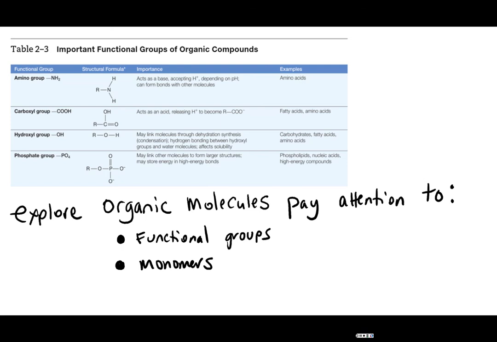As we look at our organic molecules, we do want to pay attention to those functional groups as well as the monomer. What is the building block for each one of those? So just some things to make sure you're paying attention to as you look ahead at each of our macromolecules in more detail.